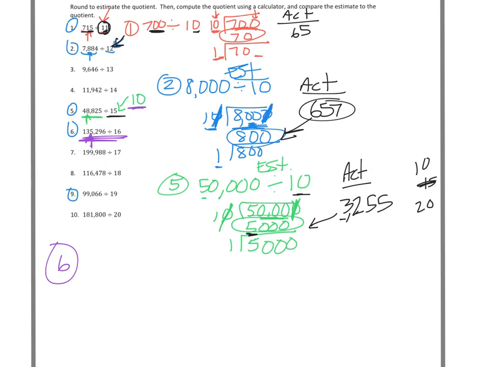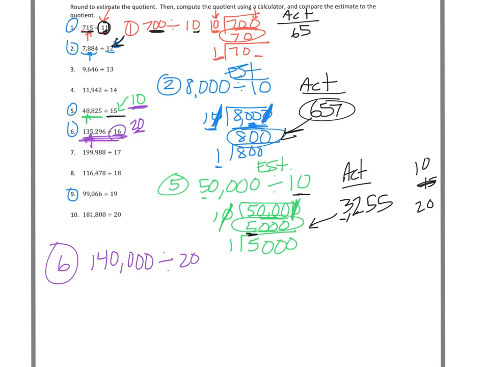That's going to round it up to 140,000. And 16 now is not close to 10. It's now close to 20 because we're past the midway point. So when you're at 15 for estimating, most of the time you want to round up, but we want to make it friendly numbers like we did in 5. But this one, we're past it, so we have to go to 20.